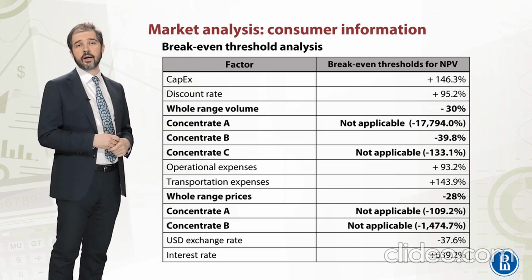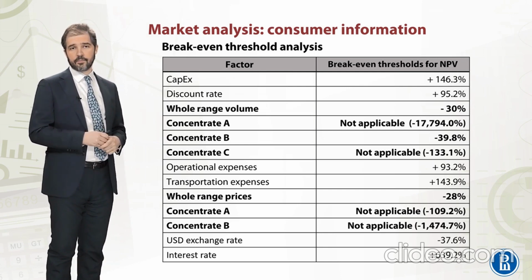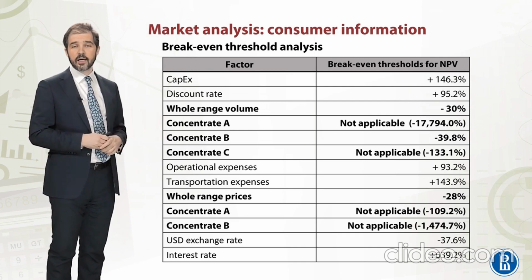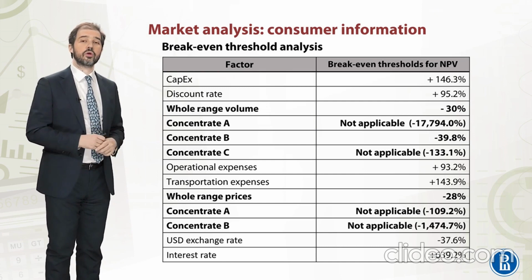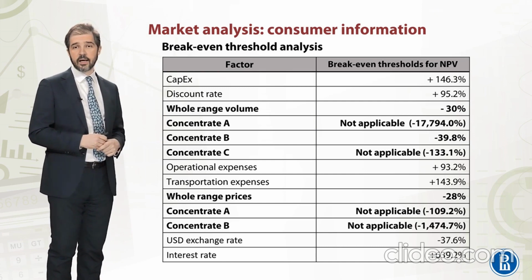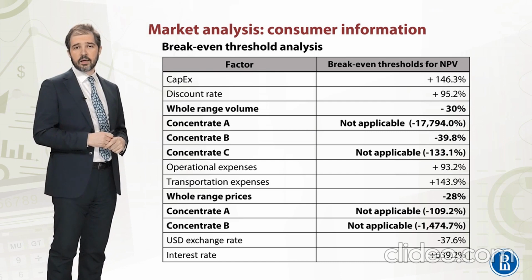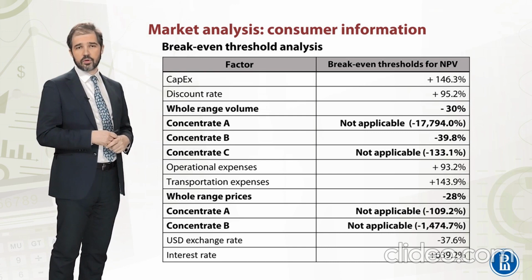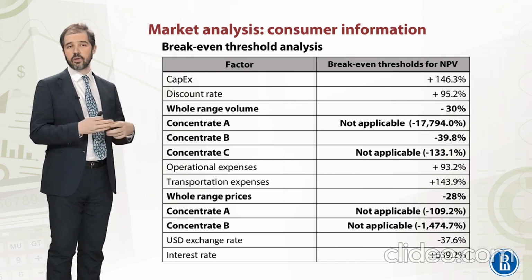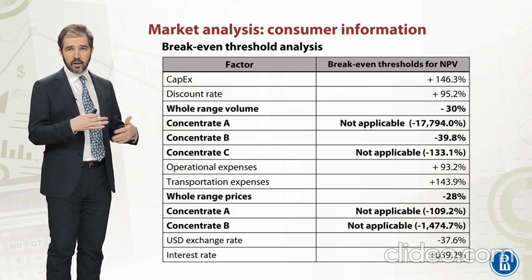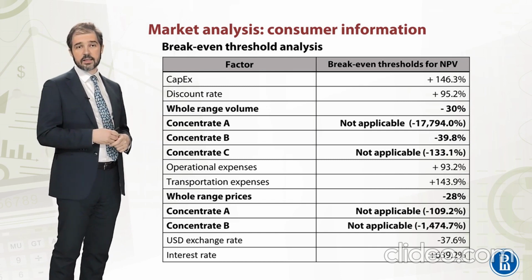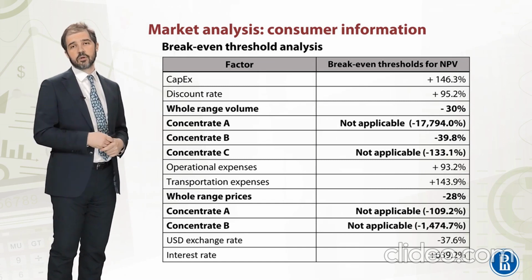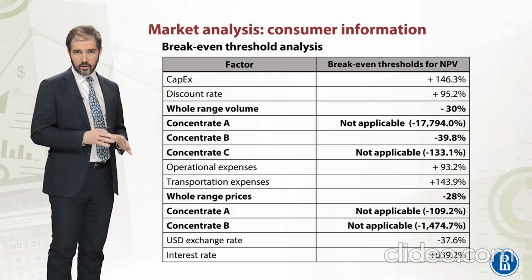And similar story with prices lower. Yes, you have whole range of prices, and if you reduce all your prices by 28%, the NPV will become zero. But whether you change price for product A or product C or even product B, individually, if you change prices, even sometimes down to zero, you will not be able to kill your NPV in full.